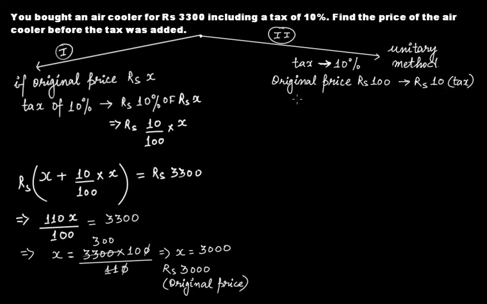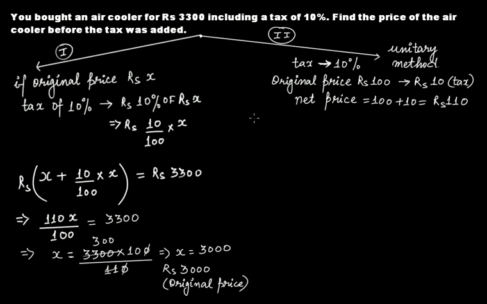It means that the net price will be how much? The net price will be 100 plus 10, that is rupees 110. If your original price is rupees 100 and the tax applied on this rupees 100 is 10%, it means that the net price will be rupees 110.